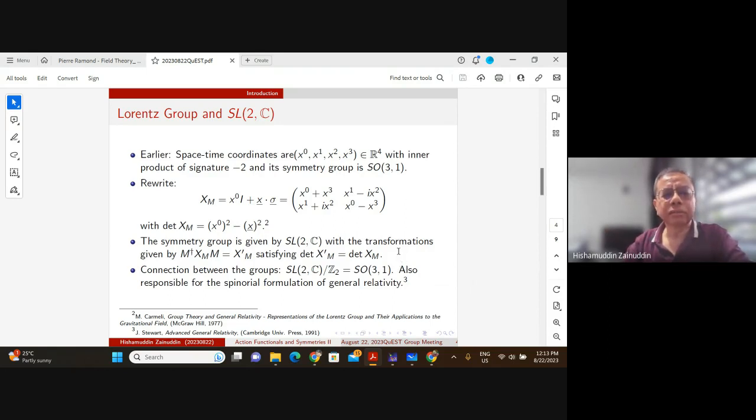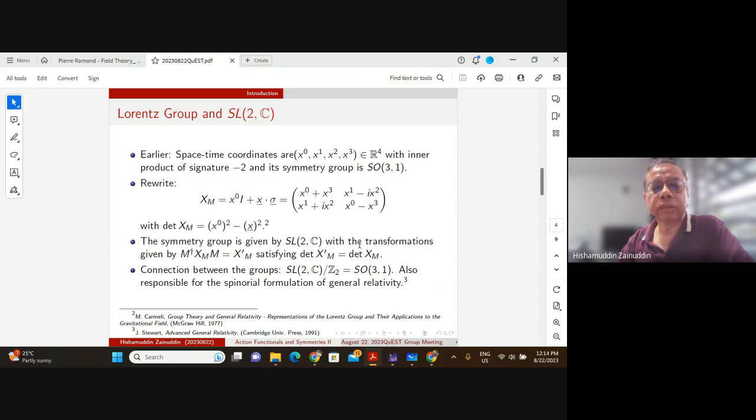So one of the things that one would like to understand a little bit more is what this double covering, or the internal space, actually means physically. But in any case, mathematically it's just a double covering.